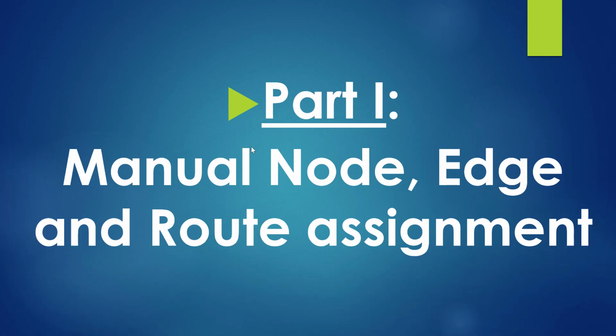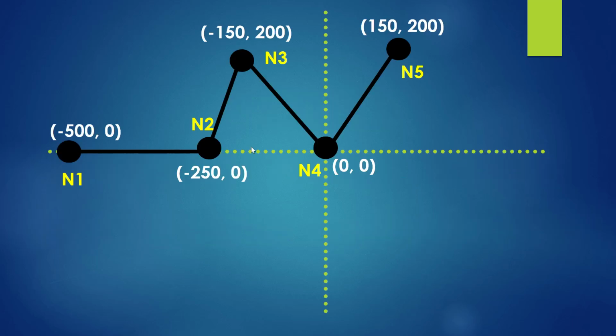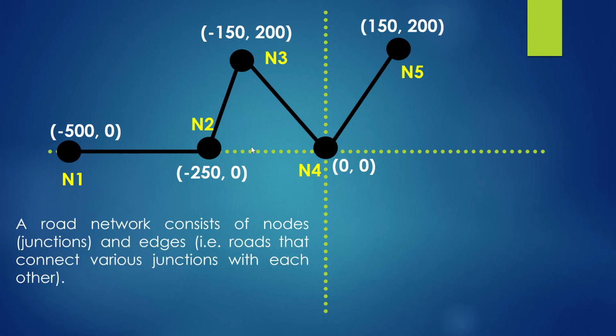The first part is manually designing node, edge, and route. This is the network we want to build today manually. As you notice, a network is nothing but nodes connected by edges.